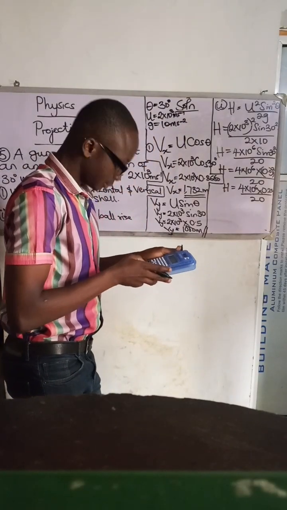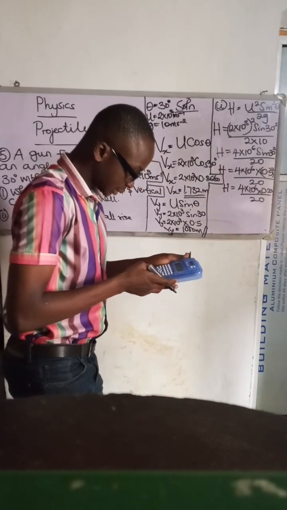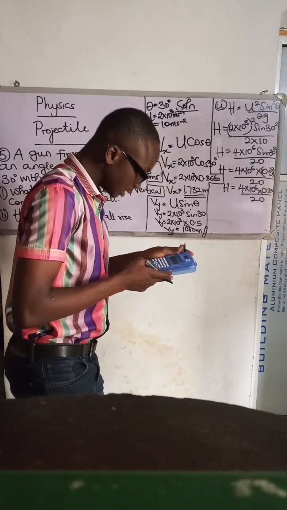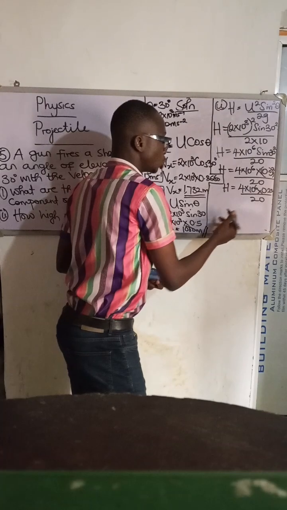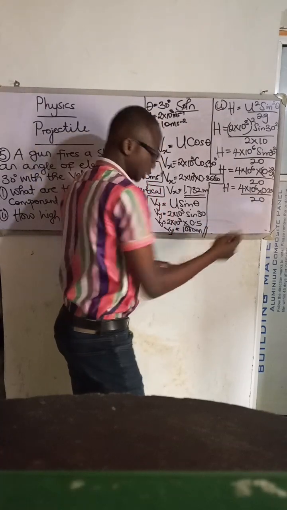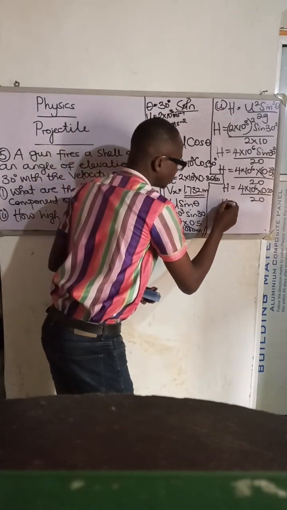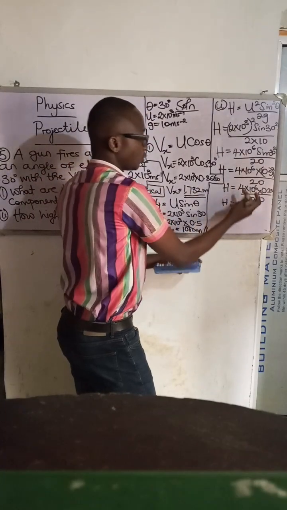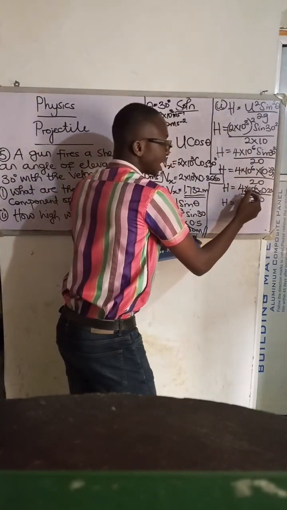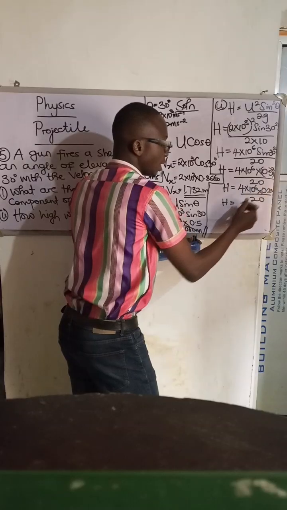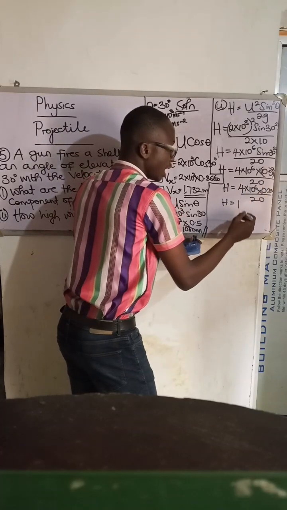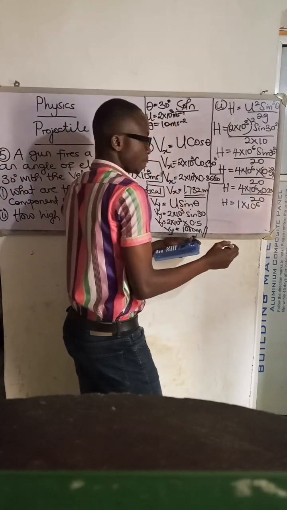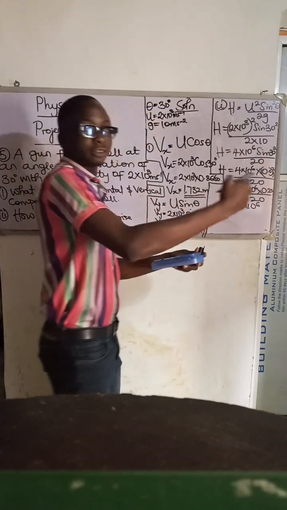So you can press your calculator here. 4 times 10 raised to the power 6 times 0.25 is 1 million, which is 1 times 10 raised to the power of 6. We're leaving it in standard form because they already gave us the values in standard form. 1 million is 1 times 10 raised to the power 6, because when you count, you have 6 zeros.